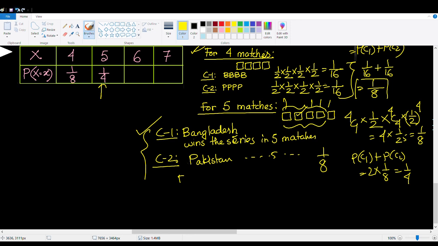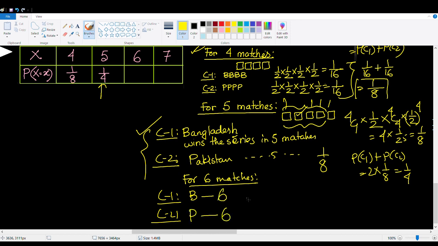Now for 6 matches, what would you do? For 6 matches, we have similarly 2 cases. One for Bangladesh winning the series in 6 matches, another for Pakistan winning the series in 6 matches. If you consider 6 free boxes here, you have to note that in the first 5 matches, 2 must be lost by Bangladesh. Otherwise, the series will end in 5 matches.